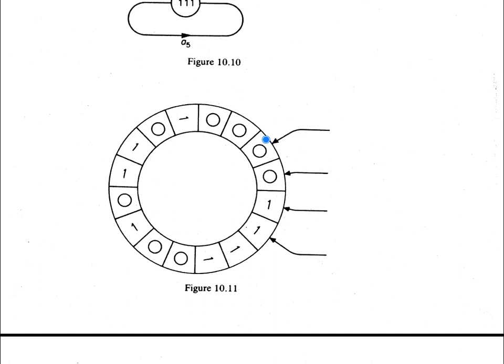Here I have 1, 0, and this final part is the initial part of this. So I'll have an arc like this, and the label will be 1, 0, 1.